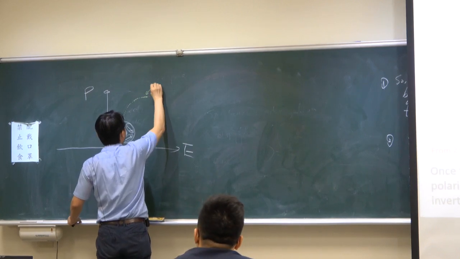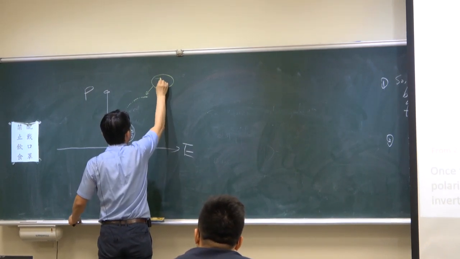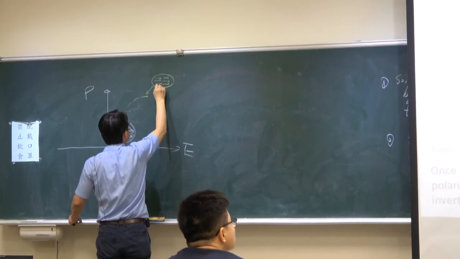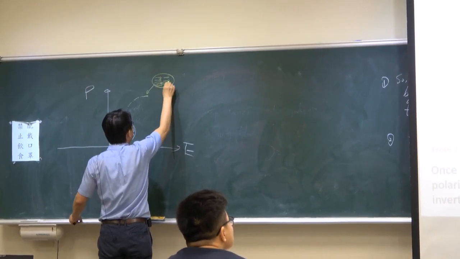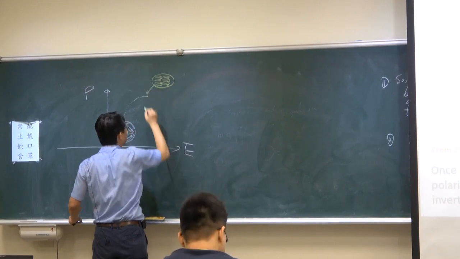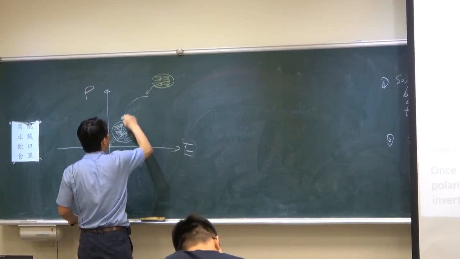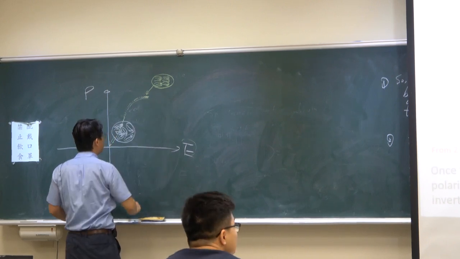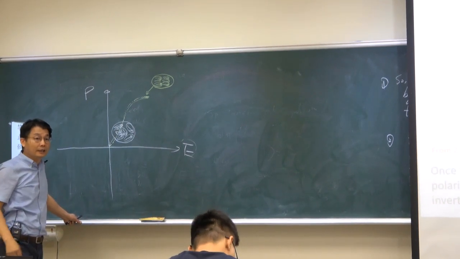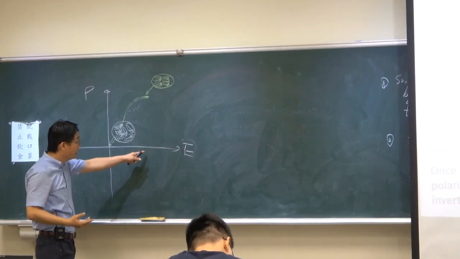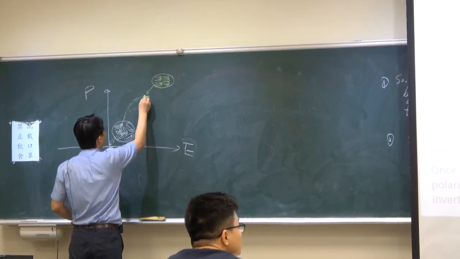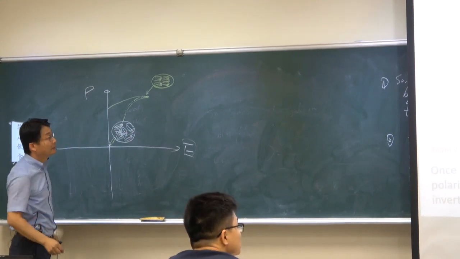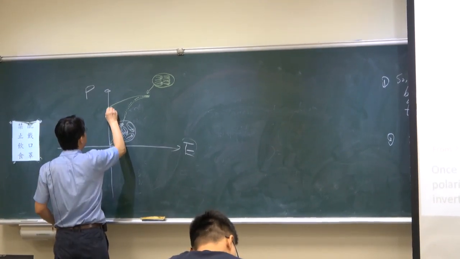So the microstructure, the polarization can be switched to this domain once you apply the electrical field to here. And once the electrical field is released, it changes to here. So this is PR.